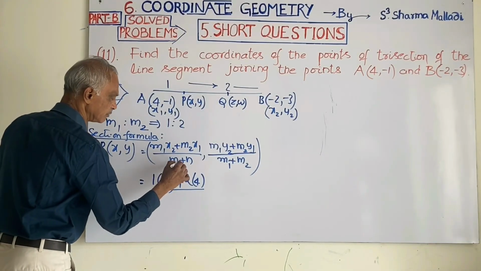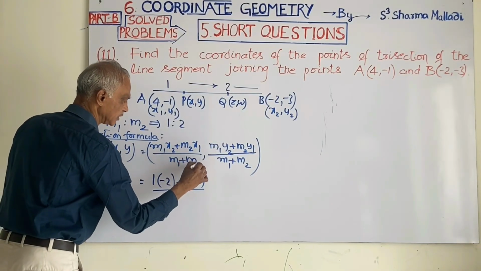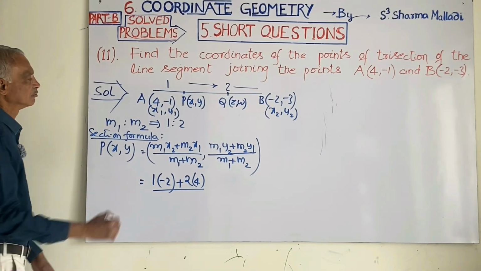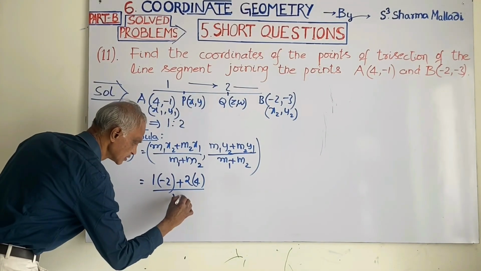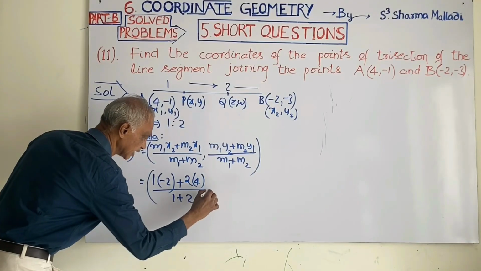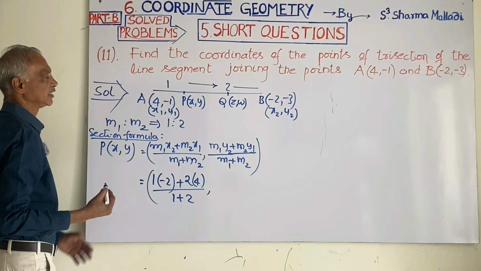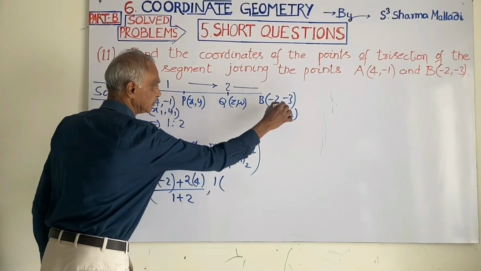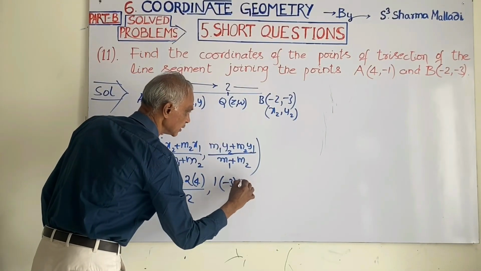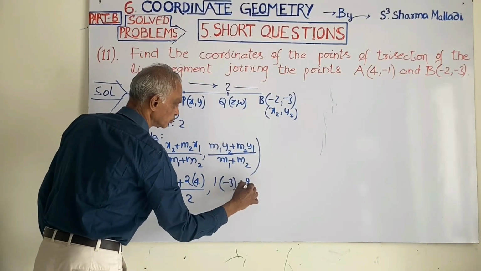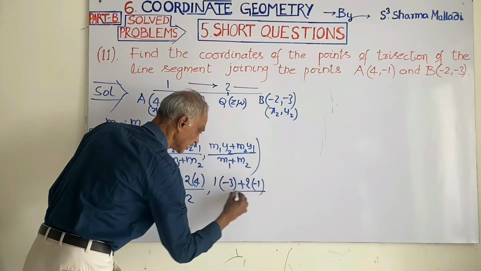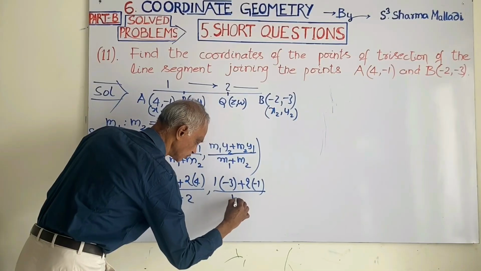I wrote m and n, sorry, it is m1 plus m2, which is 1 plus 2. Next, the y coordinate: m1 y2, 1 into minus 3, plus m2 which is 2 into y1 which is minus 1, by m1 plus m2, 1 plus 2.